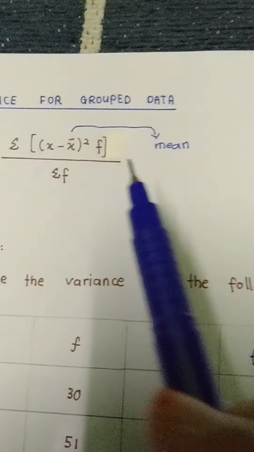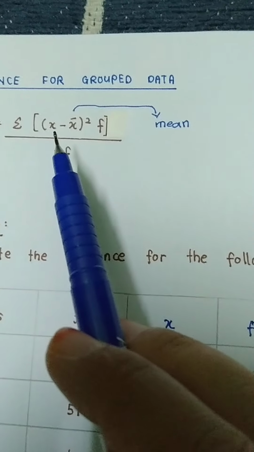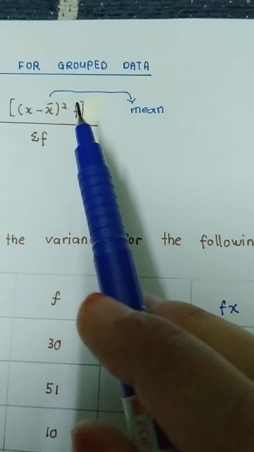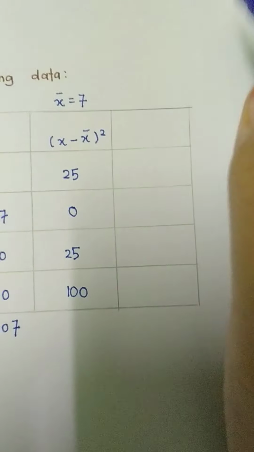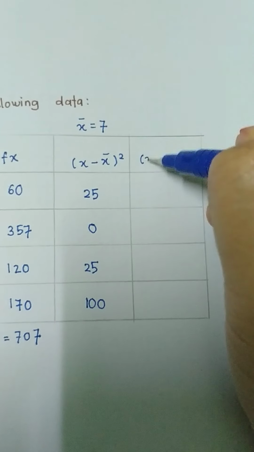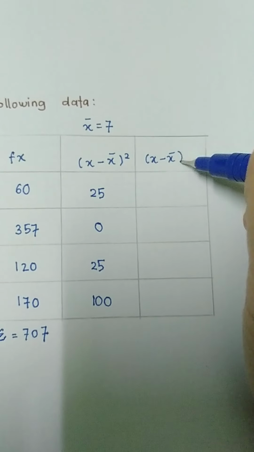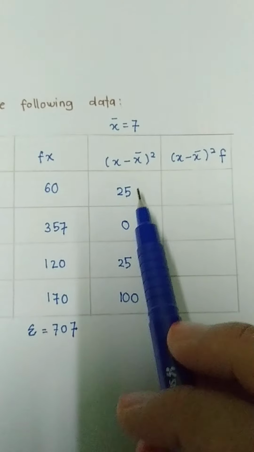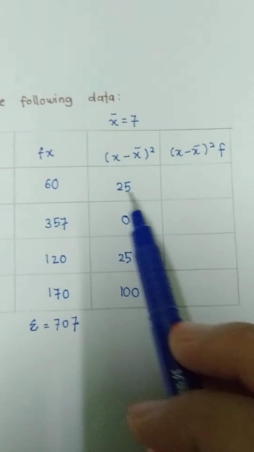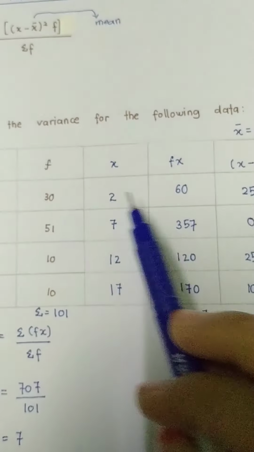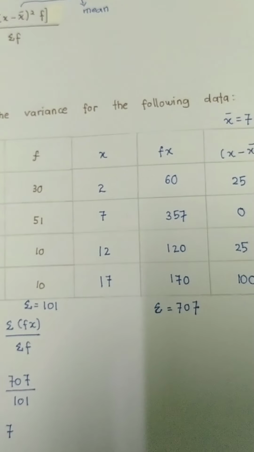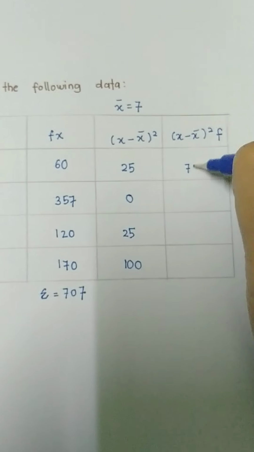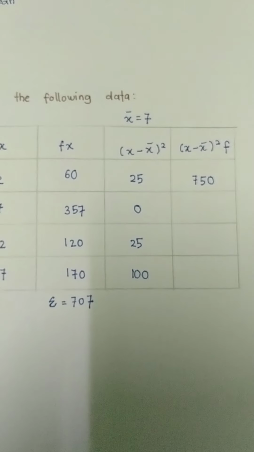And then from the formula, we must multiply (x minus x bar) square with f. So this is our last column. For the first class, we have 25 multiplied with 30. So 25 times 30 is equal to 750.